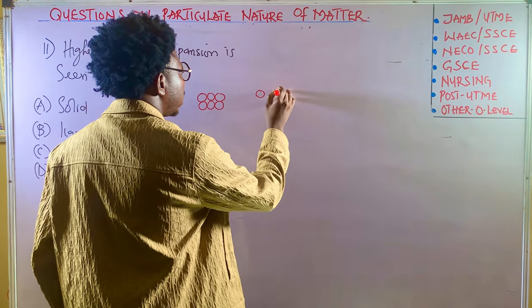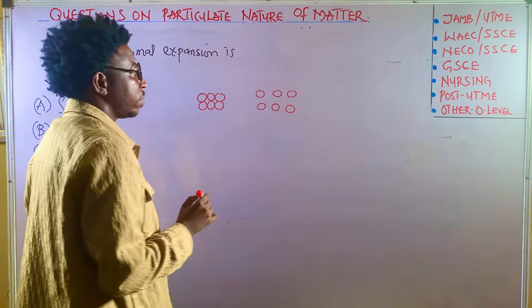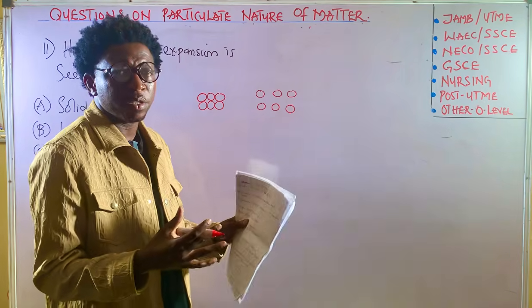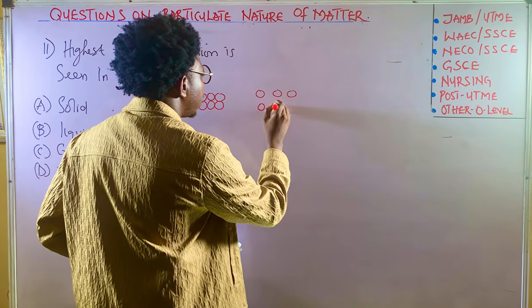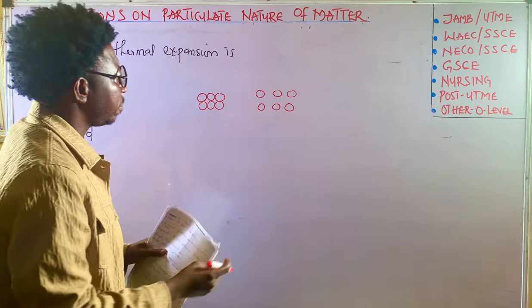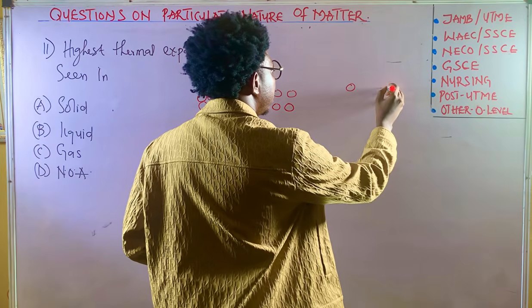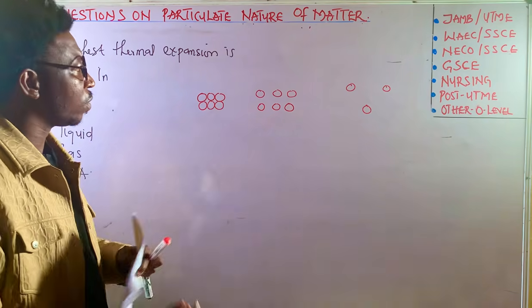Now, this is liquid. The particles are relatively not closely packed compared to gas. It has little intermolecular space. Now, if this is gas, gas has a high intermolecular space.